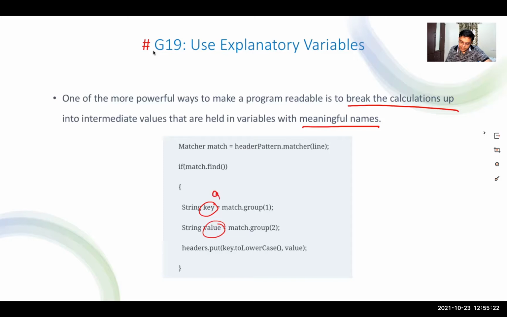If I say A, B, that is bad. I don't know what A is and what B is, or whether it is a key or a value. Here, first I am matching with the key, then with the value, so I know this is a key and this is a value. It's clearer. So you use explanatory variables.